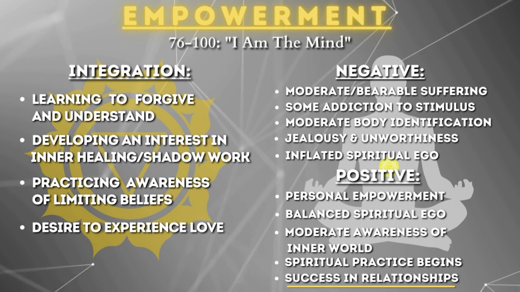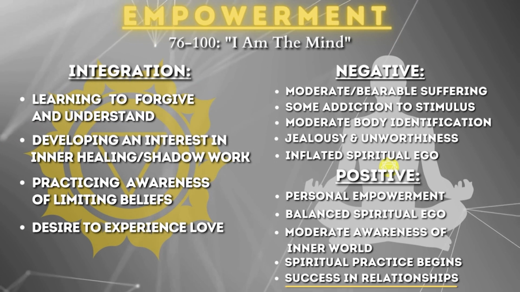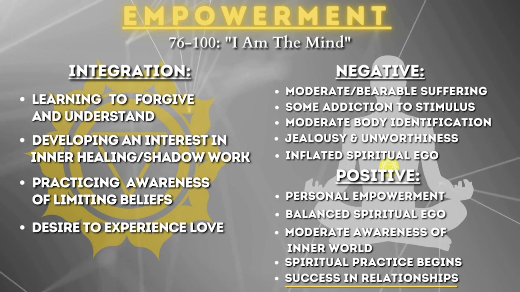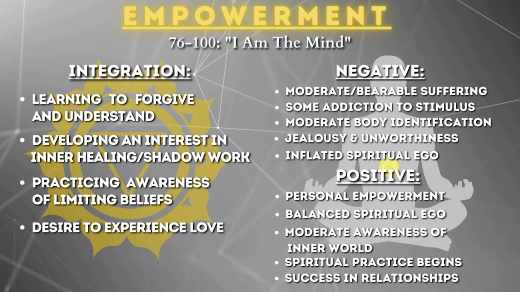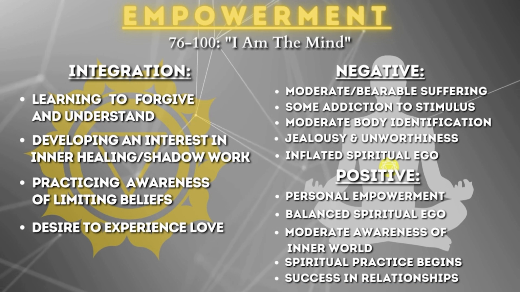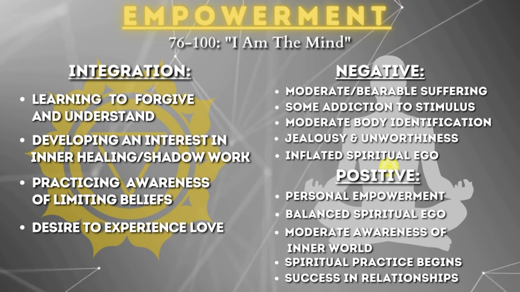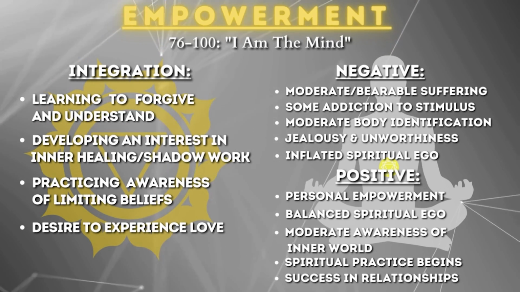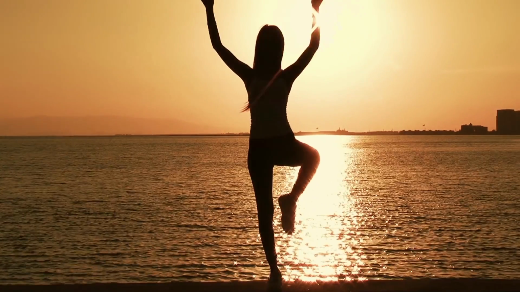There's also a strong desire to have healthy and strong relationships, which teaches one self-awareness. As the awareness of one's inner world grows stronger at this level, one will be drawn to spiritual practices like yoga, astrology, and meditation.